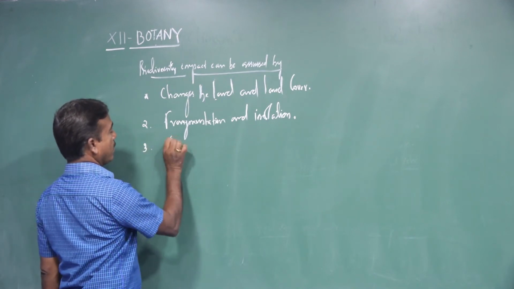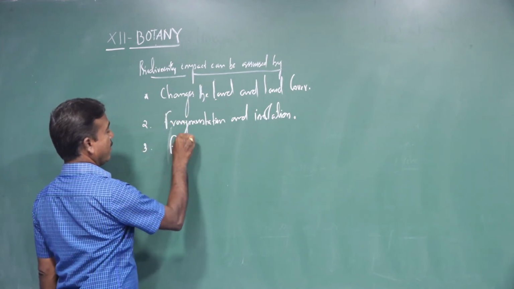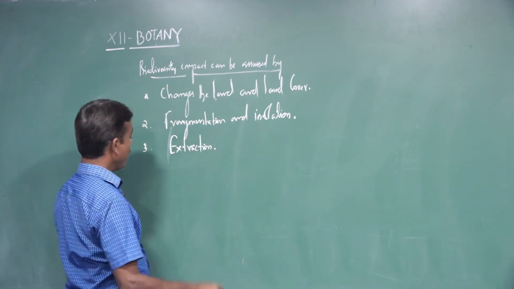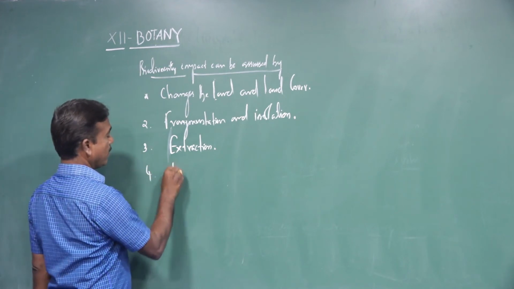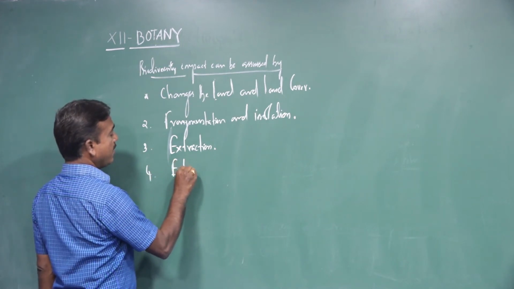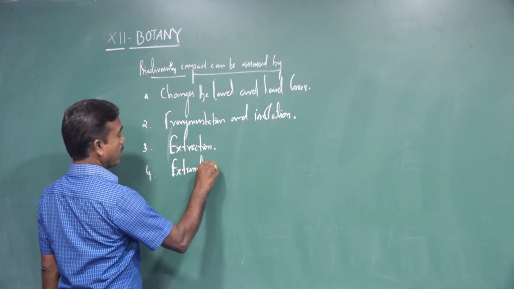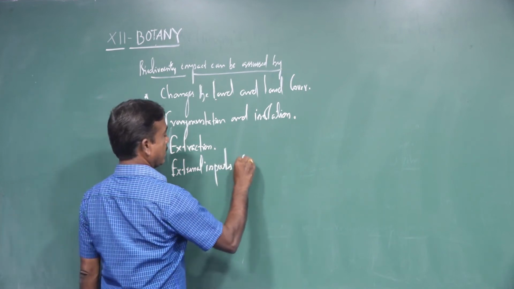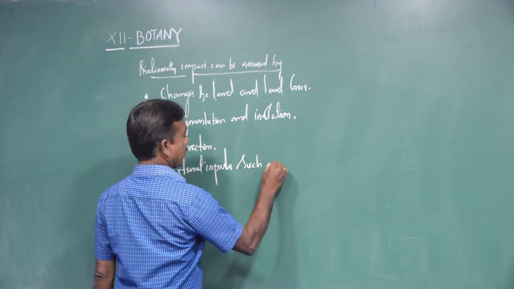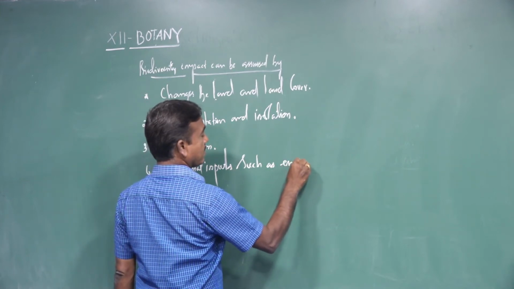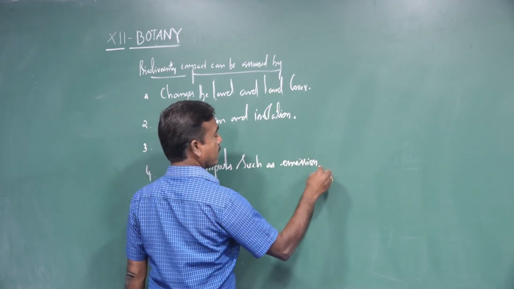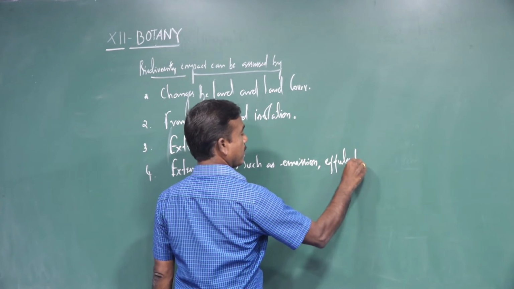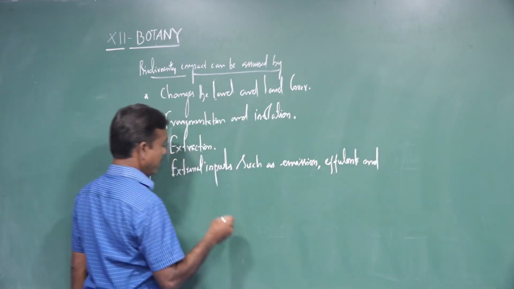Third one, extraction of the land, is called extractions. Fourth one, external inputs such as emissions, effluents, and chemicals.